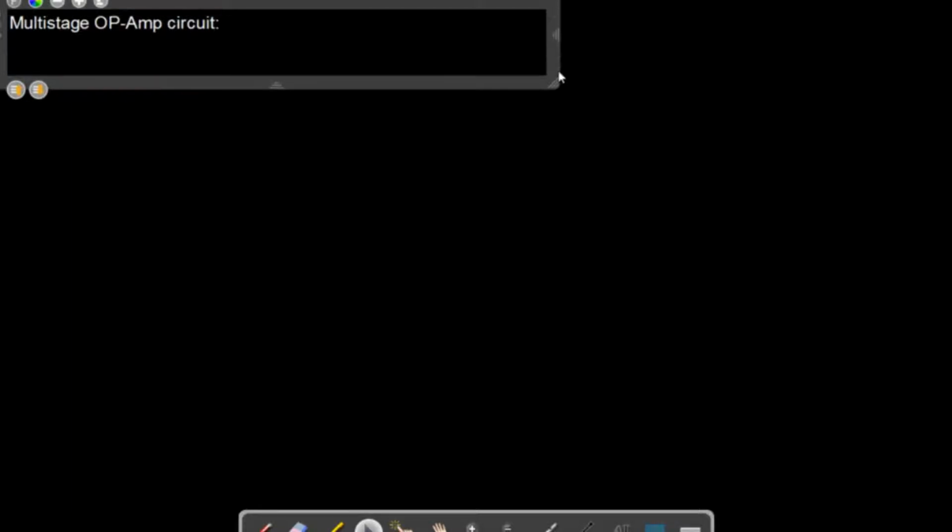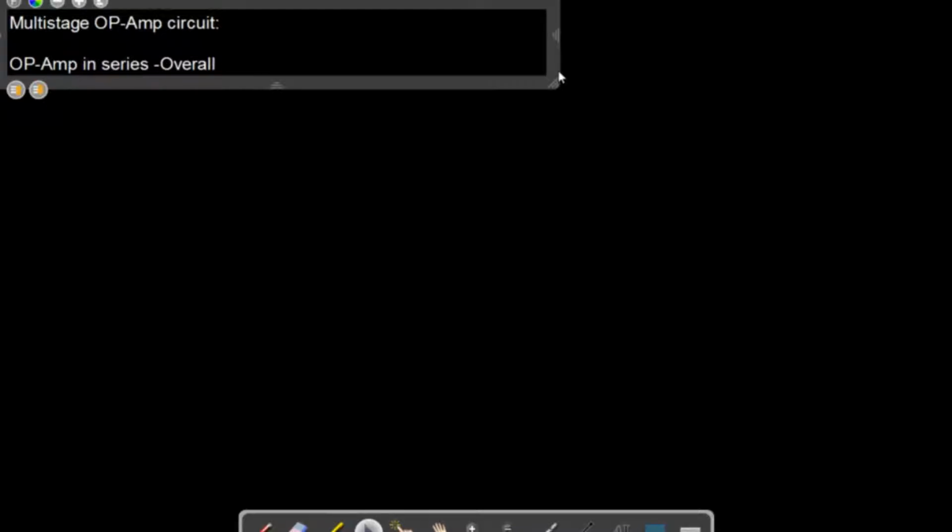When we talk about multi-stage op-amps, it means we have a number of op-amps in series, connected one after the other. The output of one amplifier will be the input to the next op-amp. In this unit, whenever I say amplifier, I usually refer directly to op-amp only, not any other kind of amplifier.